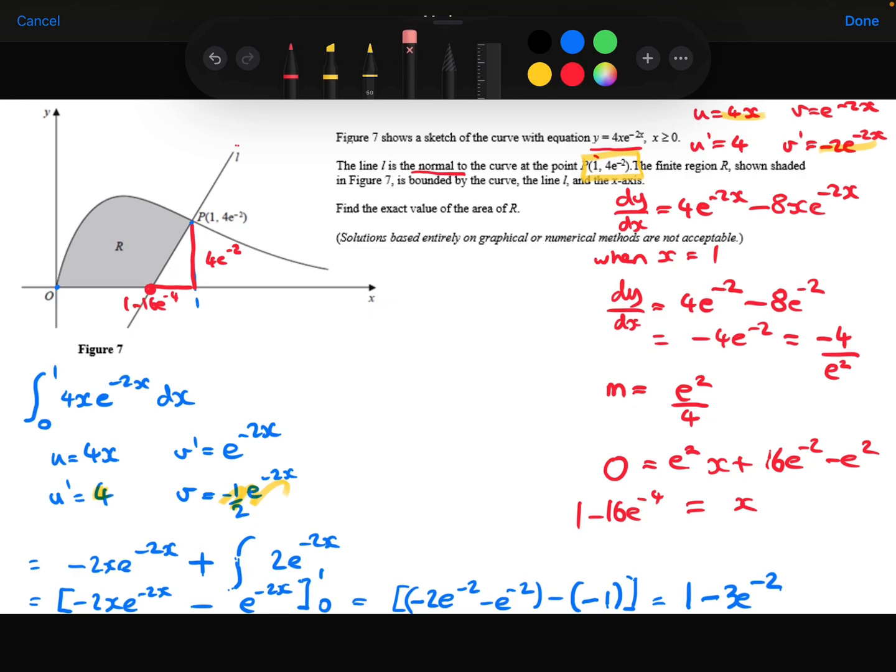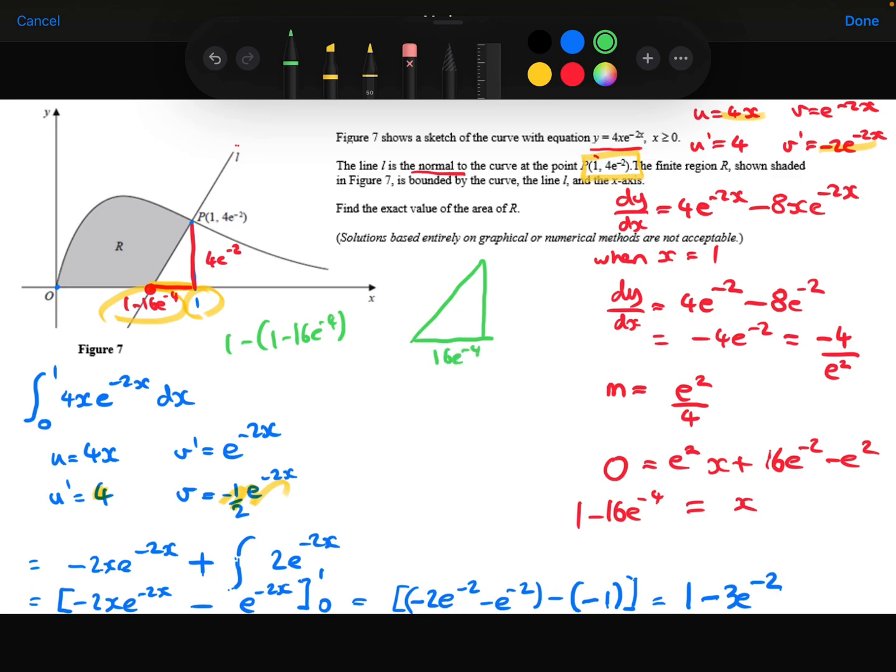Which means that the base of my triangle here will be 1 take away the 1 minus 16e to the minus 4. So 1 minus the 1 minus 16e to the minus 4 will just be 16e to the minus 4.